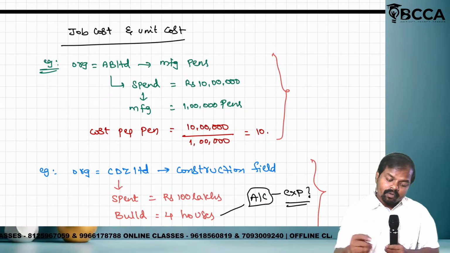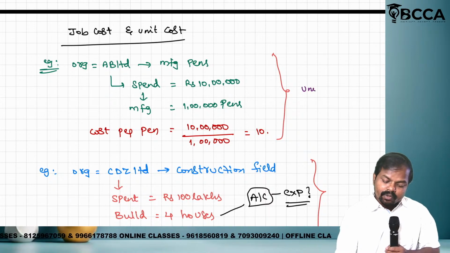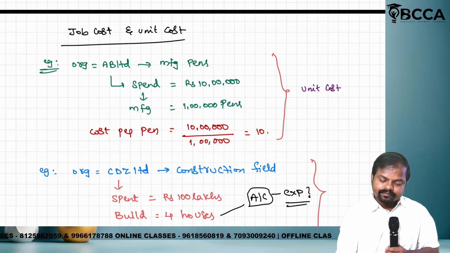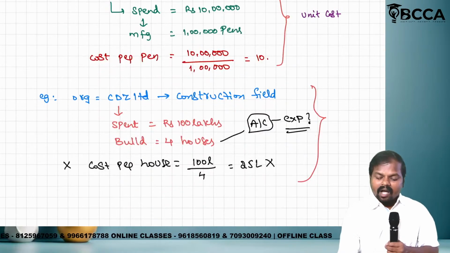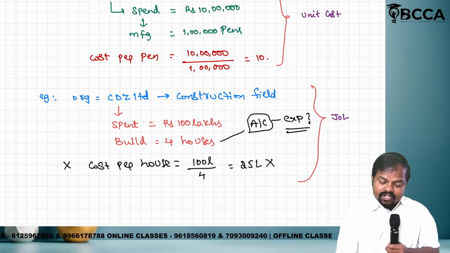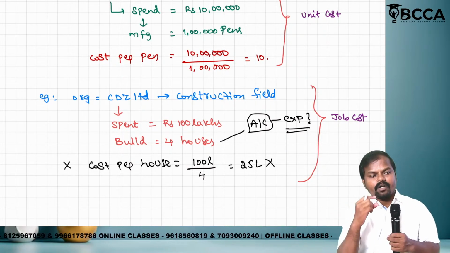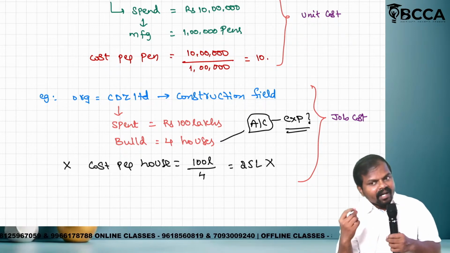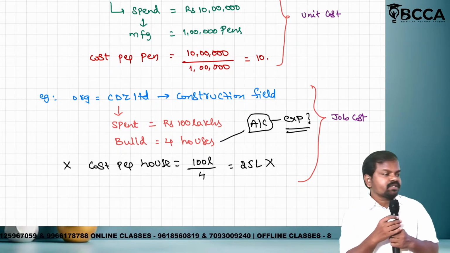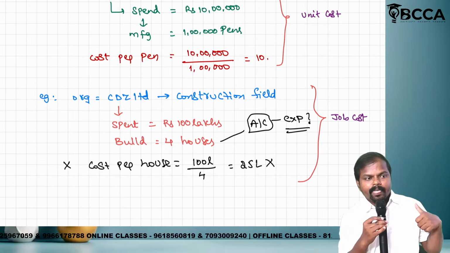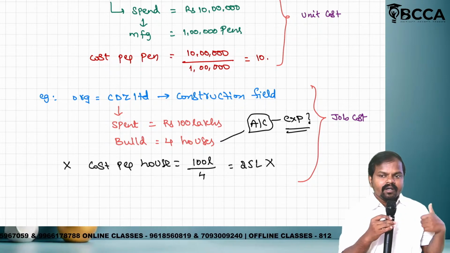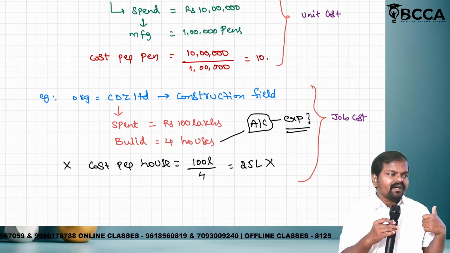Listen. For homogeneous goods, unit costing is applicable. For non-homogeneous goods, job costing is applicable. They are maintaining separate job cost. Till now discussion clear? Please respond. Otherwise I have to repeat.